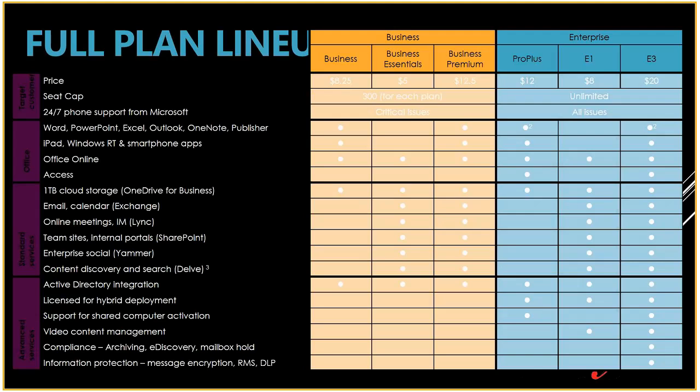So if they've got a Mac, an iPad, an Android tablet, a Windows tablet, and a Windows desktop, they can install Microsoft Office on all 5 of those devices with that one license. Now, there's no other Microsoft licensing that gives you that kind of flexibility for that kind of price. So one of the things you think about is whether or not you have employees who have multiple devices.